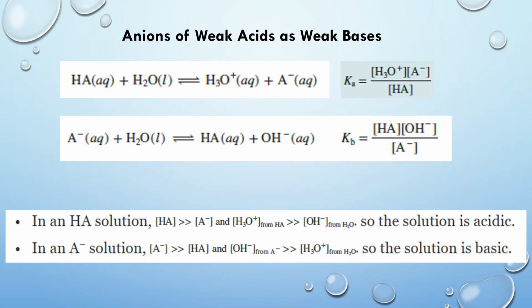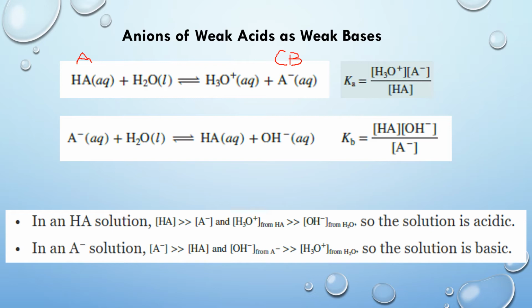Earlier, when we looked at the dissociation of a weak acid, we said that for a weak acid the anion is the conjugate base. This A minus is a conjugate base. So you can see the relationship between the weak acid and the weak base.